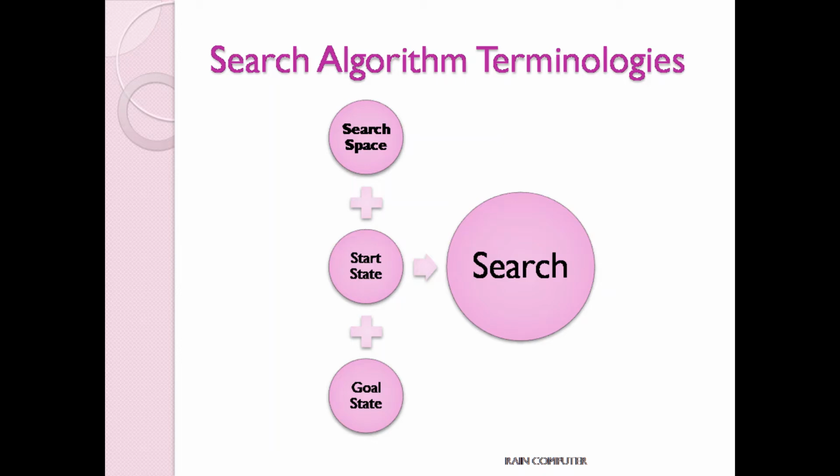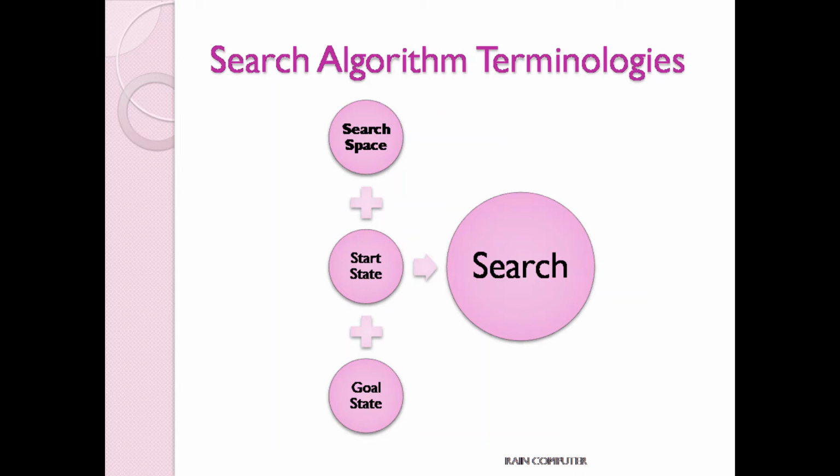The terminologies involved in this representation begin with search. Searching is a step-by-step procedure to solve a search problem in a given search space. A search problem can have three main factors: a search space, a start state, and the goal state. Search space represents a set of possible solutions which a system may have.